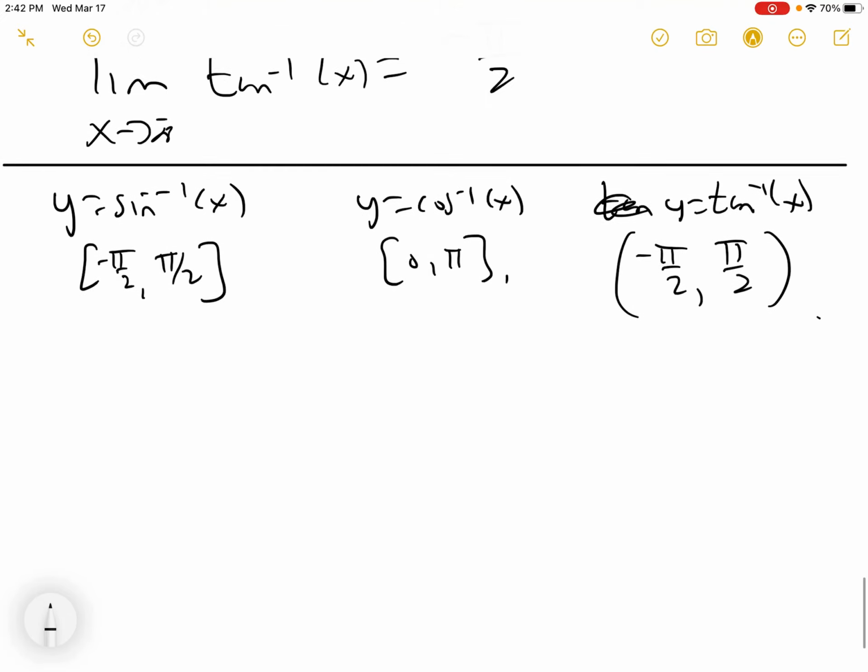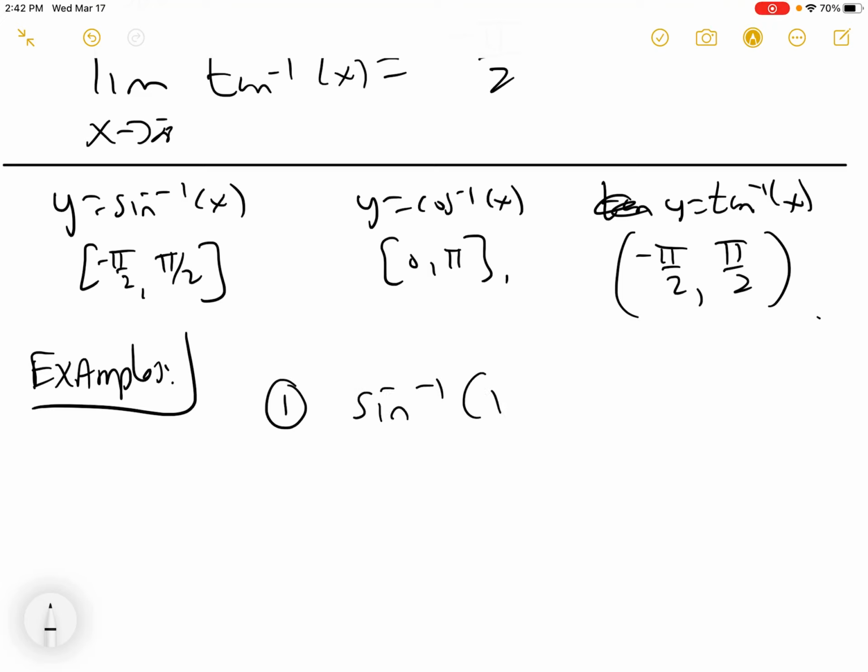So let's look at some examples here of how we work with inverse trig functions in the unit circle. So what's the sine inverse of 1? Remember, this equals an angle, so this says the sine of what angle equals 1?